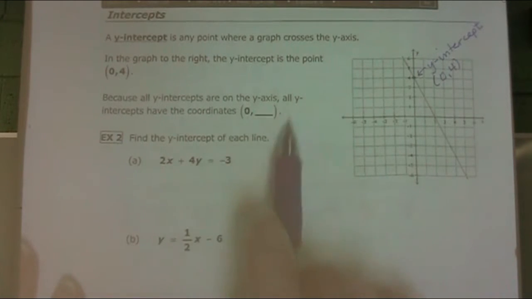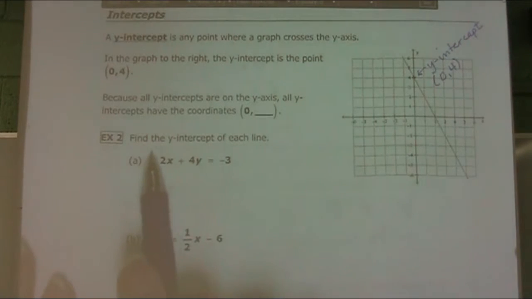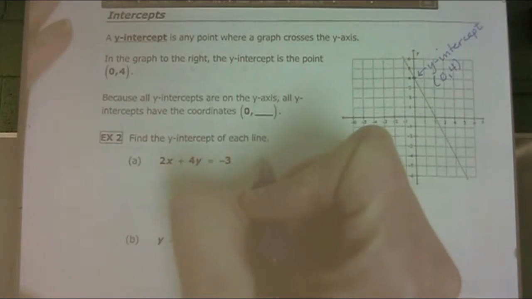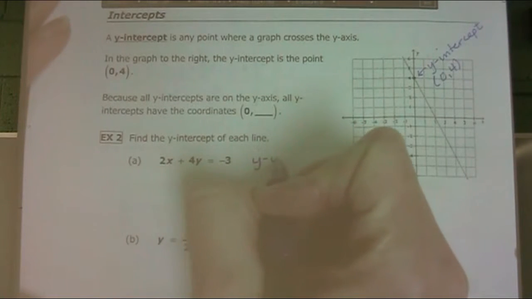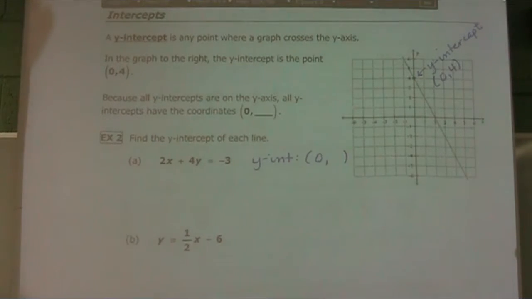So all y-intercepts look like this. All right? So here's what we're going to do. We are going to find the y-intercept of each line. And we're going to do this using algebra. Here's what we know. The y-intercept is the point 0 and then a number.